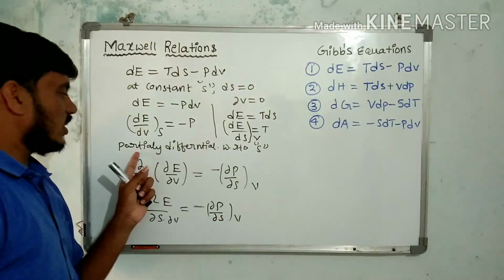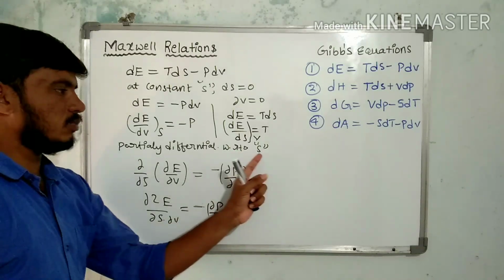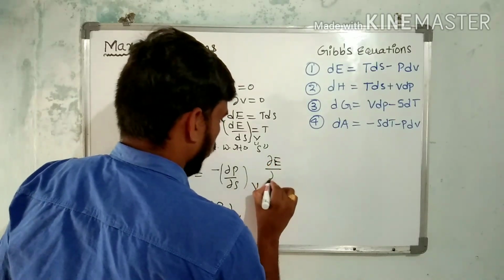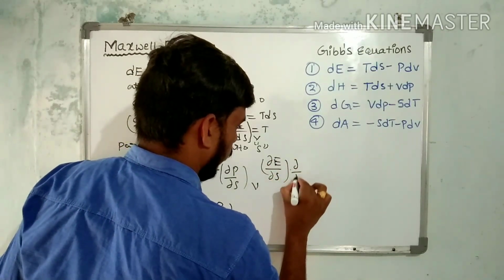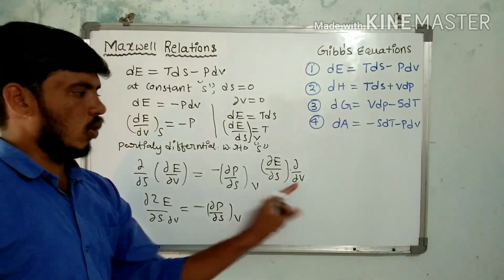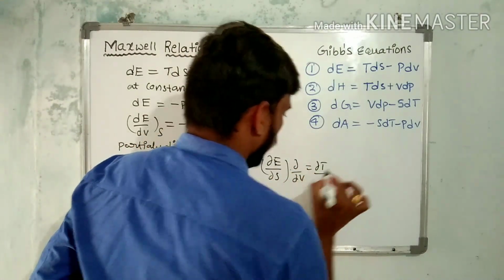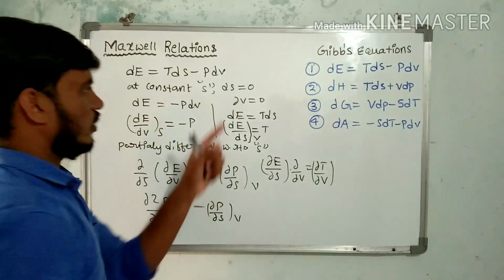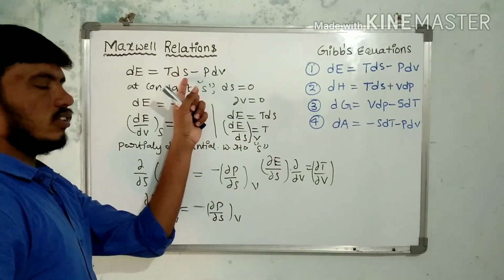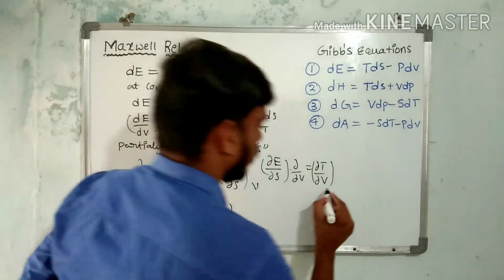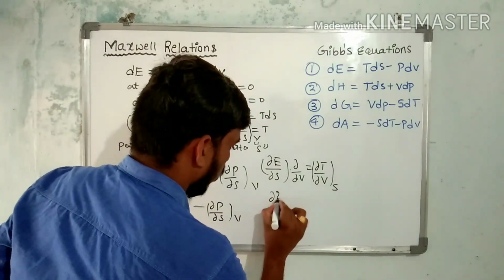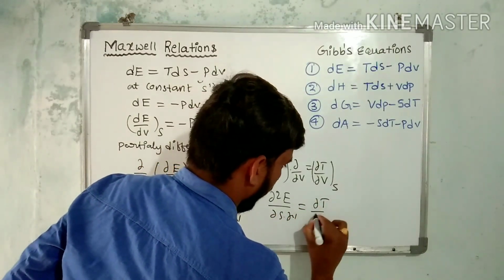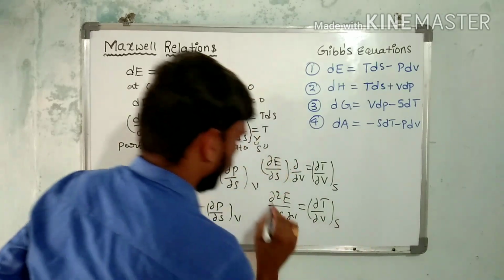Now, as well, we take partial differentiation with respect to volume. Dou E by dou S into dou by dou V, differentiation with respect to volume, is equal to dou T by dou V. In this expression dou T by dou V, the entropy is constant, so the subscript is S. Now dou square E by dou S dou V is equal to dou T by dou V at constant entropy.